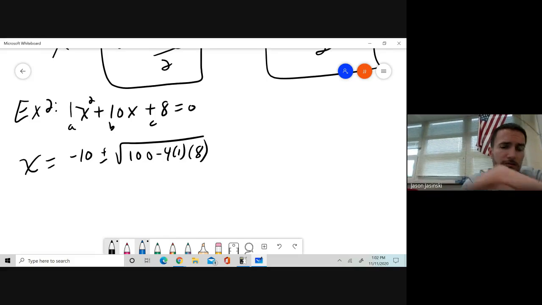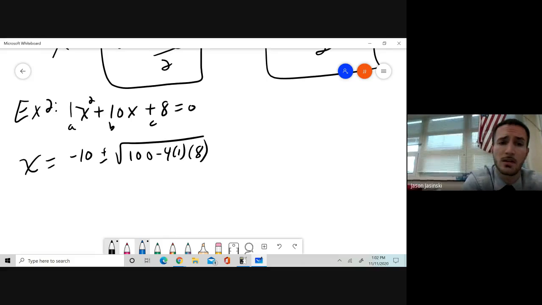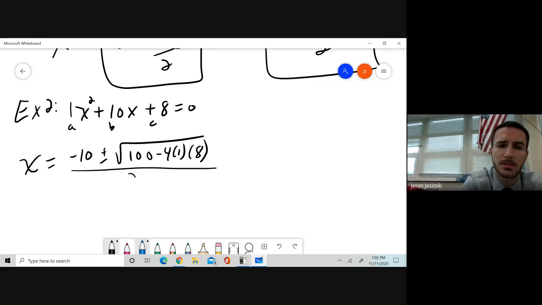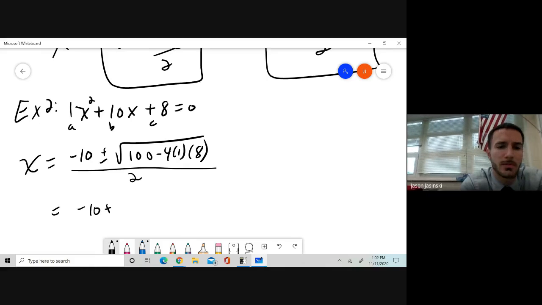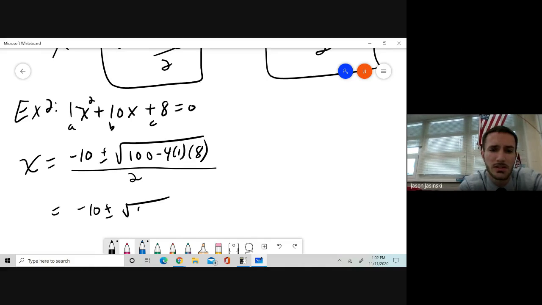Again, there's a 1 in front of the x squared, over 2a, which is basically just 2. So 4 times 1 is 4. Multiply that by 8 is 32. You could use a calculator or just mental math. 100 minus 32 would be 68.